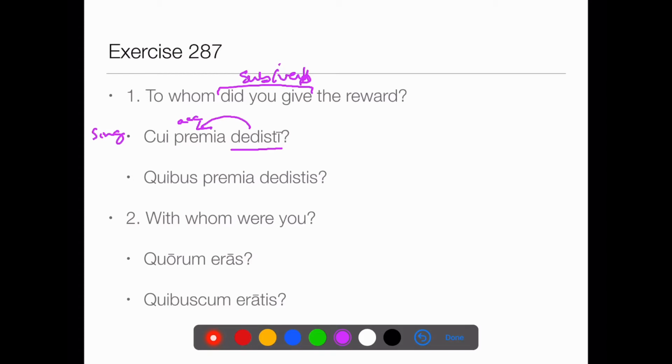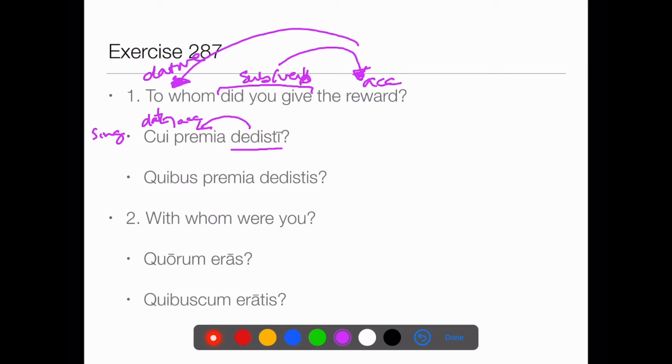Who or what, so reward will go into the accusative. And then to whom tells you that will be in the dative. So we have, you can see down here, dedisti, did you give, praemia, the reward, and then cui is in the dative singular, and that means to whom.